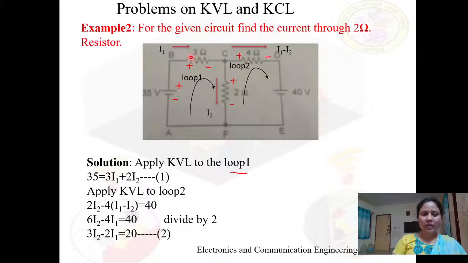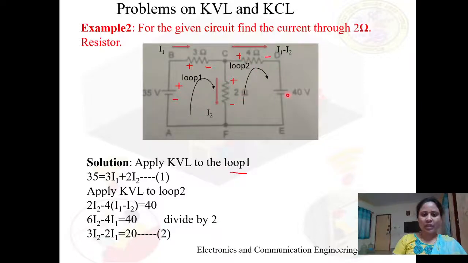The voltage drop across the 3 ohm resistor is 3 into I1. Therefore, it is minus 3 into I1, and again minus 2 into I2. Or you can also simplify and write 35 is equal to 3I1 plus 2I2 as the loop equation for the first loop.